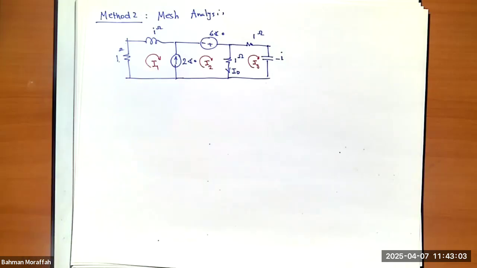Again, just like before, when I'm writing mesh analysis, current sources can be problematic. Right? When are they problematic? When they're shared between two loops, which is the case over here. What was the solution? Super loop. So let's call this my super loop.